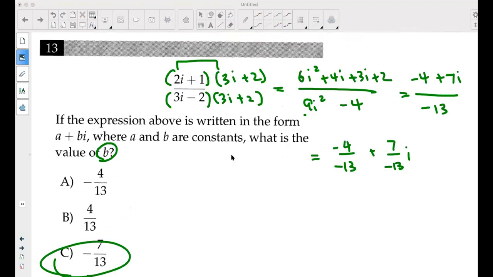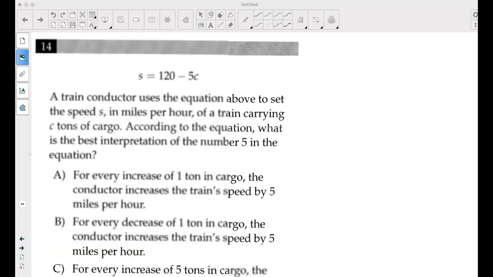Number 14. So in case of number 14, it's rather simple yet sometimes confusing.